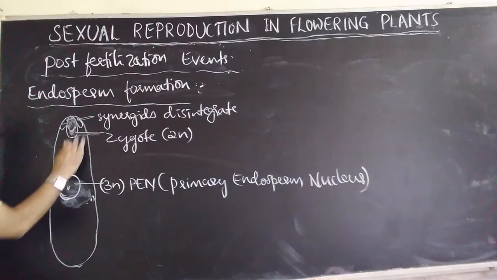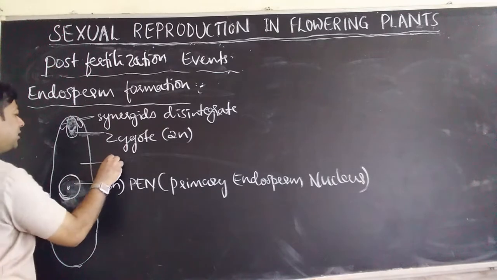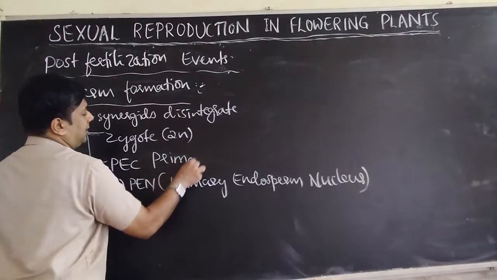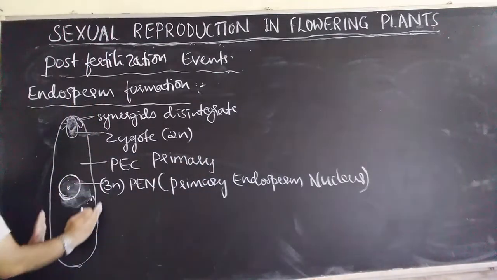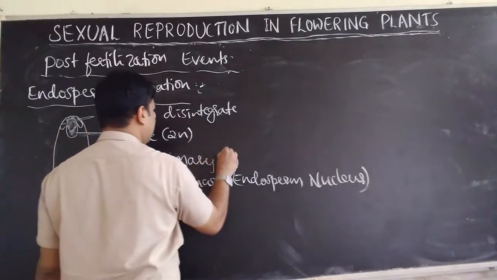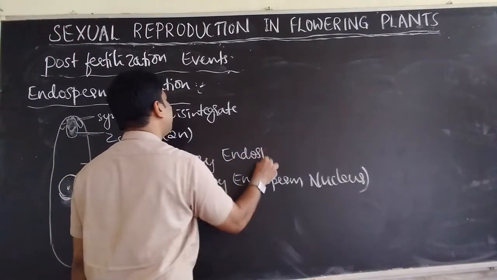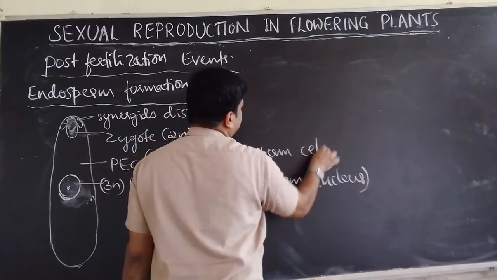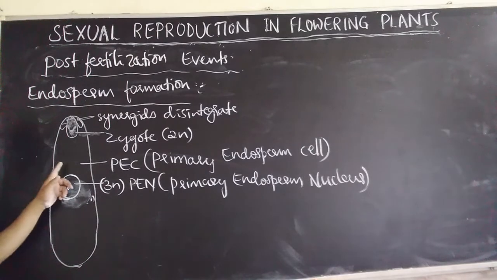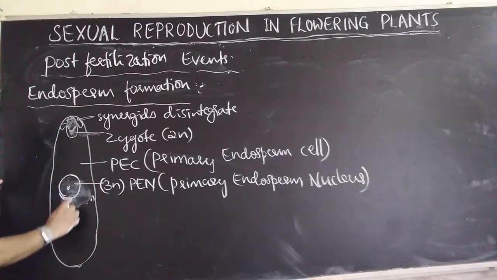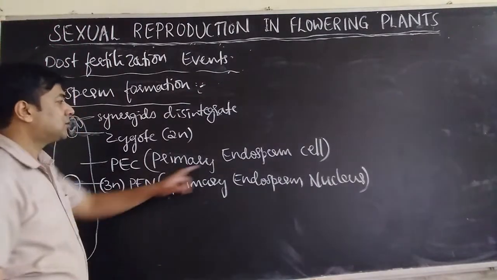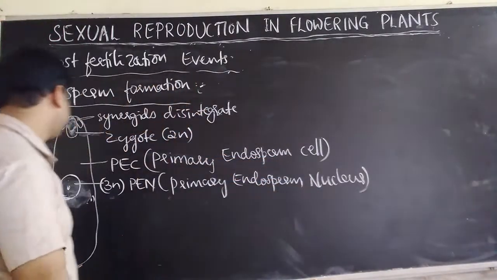Usually a nucleus will be there in a cell, so this big cell we call PEC, primary endosperm cell. This primary endosperm cell will contain a nucleus in the center. That is the primary endosperm nucleus. The whole cell is called the primary endosperm cell, and the whole cell contains one nucleus in the center, that is 3N, called the primary endosperm nucleus. So the cell contains a nucleus.